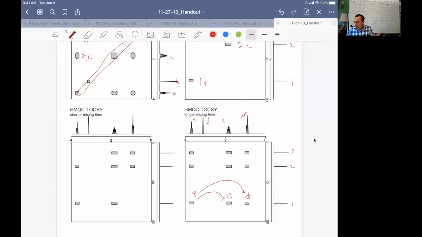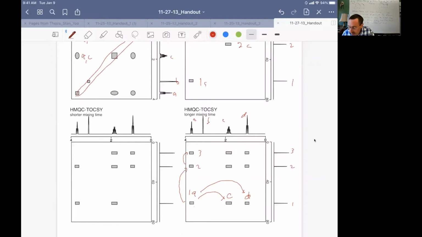And you'd say, okay, what's the big deal of this? But the really big deal is that we can also go along the carbon track. So we can also say that the protons on 1 connect to the protons on 2 and to the protons on 3.